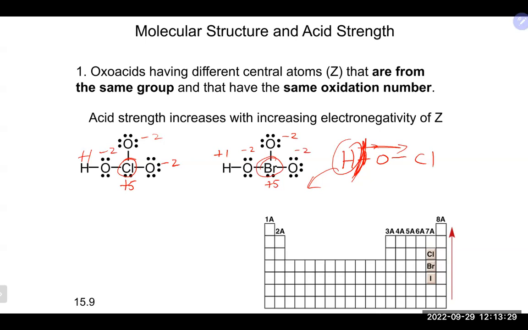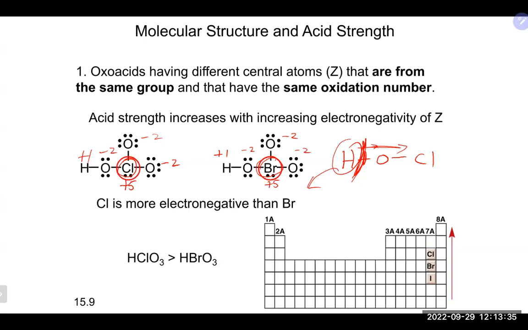So in this particular case, it would be our chloric acid here that would be a stronger acid than the HBrO3. So if you've got the same oxidation state on that central atom, you want to look at electronegativity. The one with the higher electronegativity would be the stronger acid because it's going to allow the H plus to pop off a lot easier. Any questions on that there?